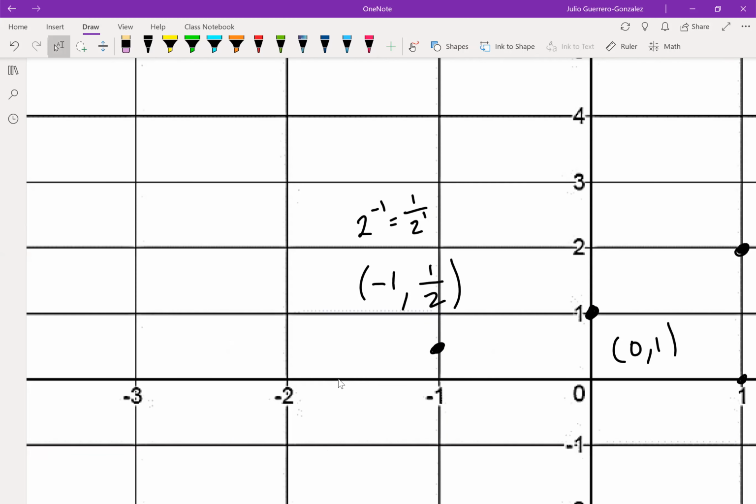Okay, same thing as we go farther down. This point is going to be (-2, 1/4). If we do 2 to the negative 2, that is equivalent to 1 over 2 squared, and 2 squared is 4, so 1/4.